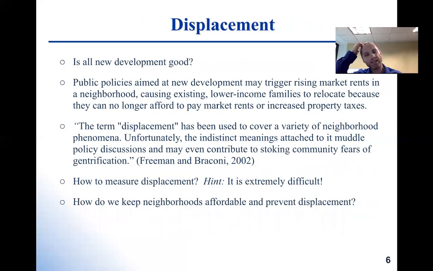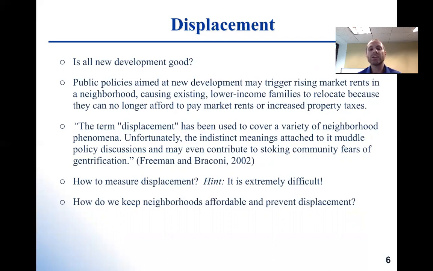So the issue of displacement of poor individuals in gentrifying areas really comes within a broader framework of, is all development good? And so what tends to happen is local city leaders want to encourage economic growth and economic development, so they incorporate a lot of different types of place-based stimulus packages where they'll direct a certain amount of the tax base to help revitalize poorer areas, build new parks, or give tax breaks to new companies that locate in a particular area of their jurisdiction.